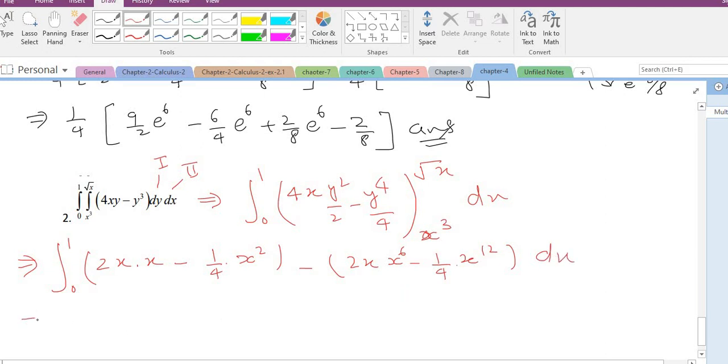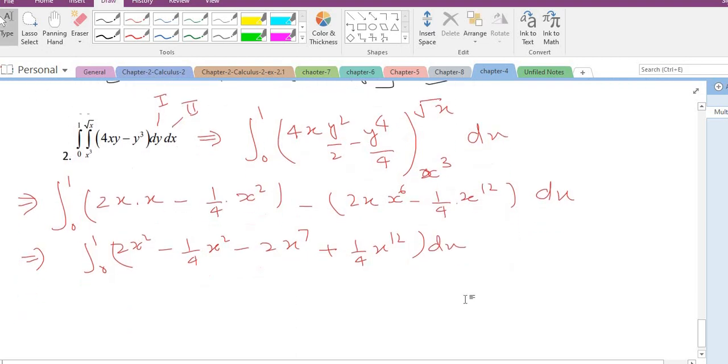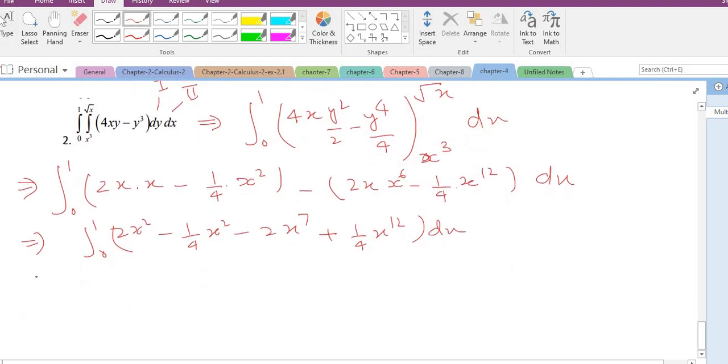So it's up to you, if you simplify, otherwise you can write step by step. 0 to 1, it is 2x square minus 1 by 4 x square minus 2x power 7 minus minus plus 1 by 4 x to the power 12 dx. Now integrate step by step with respect to x.